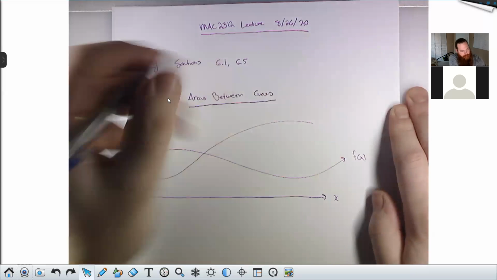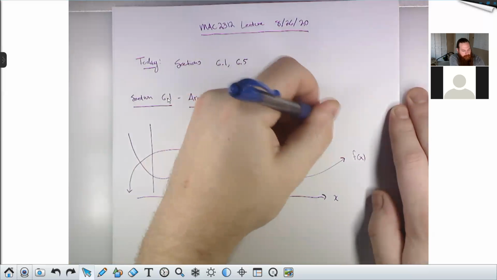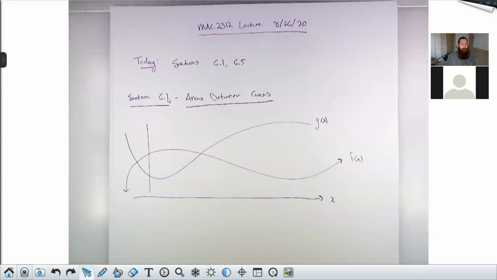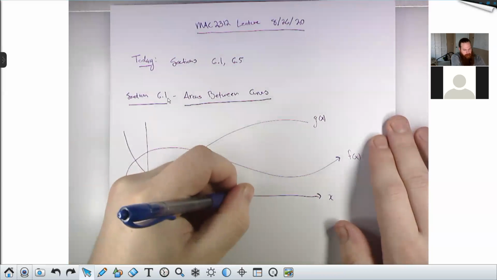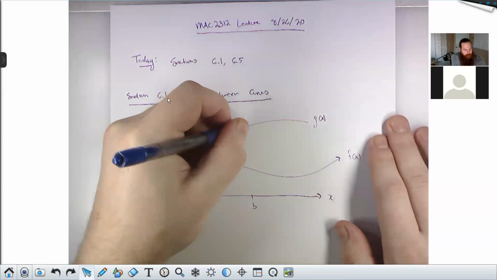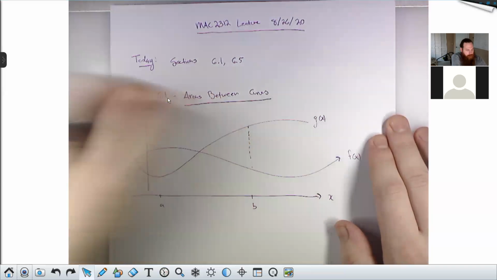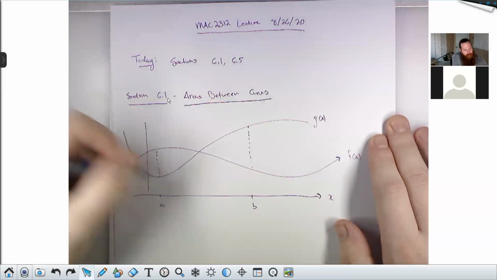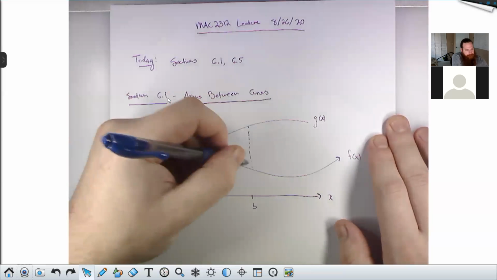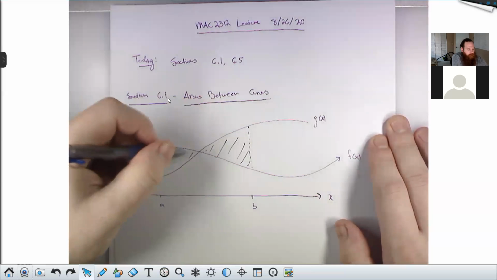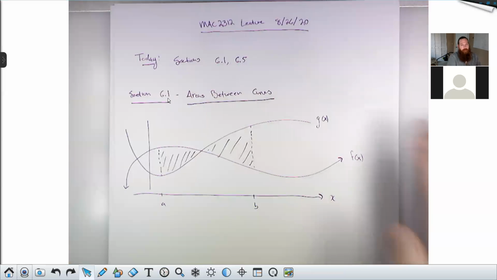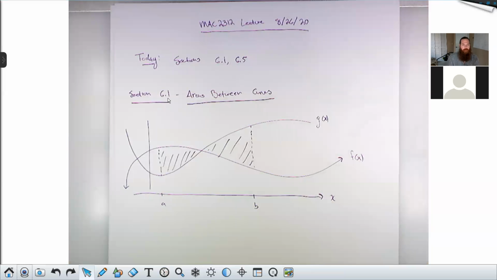And you have some other guy here, we'll call him g of x. And you'd like to find the area between f and g from x equals a over there to x equals b over here. I'd like to find this area. That's the idea.